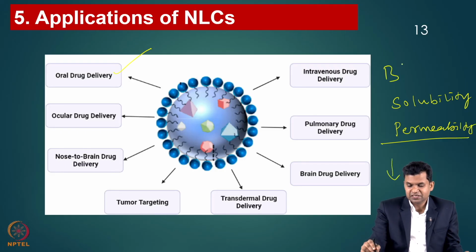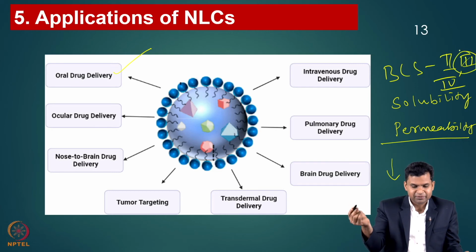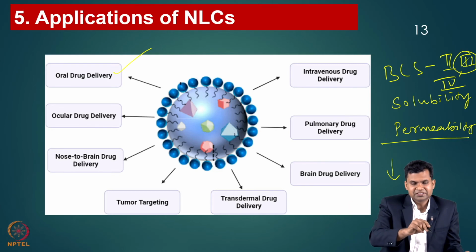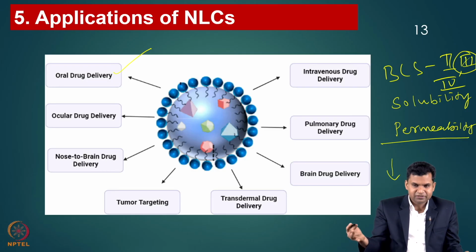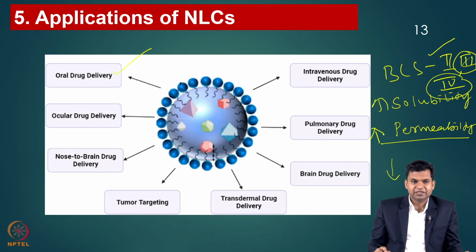So BCS class 2, 3 and 4, because you are using lipids which will enhance the permeability of BCS class 3, which are highly hydrophilic but low permeable, right? As well as for class 2 you can enhance water solubility, whereas for class 4 you definitely need to balance both solubility and permeability, right?